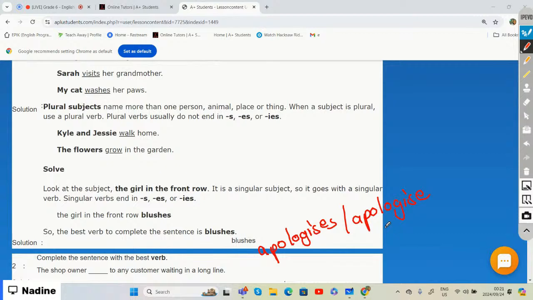Shop owner is one person. So which one do you think is correct?